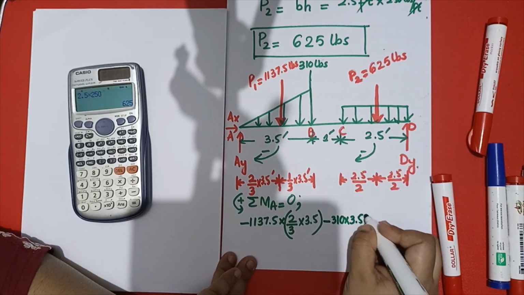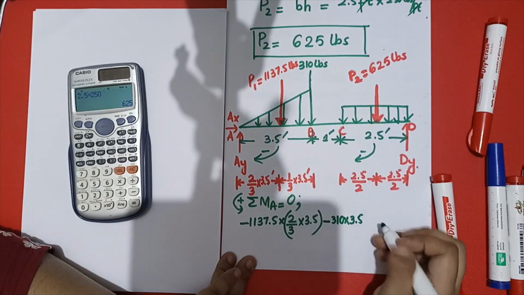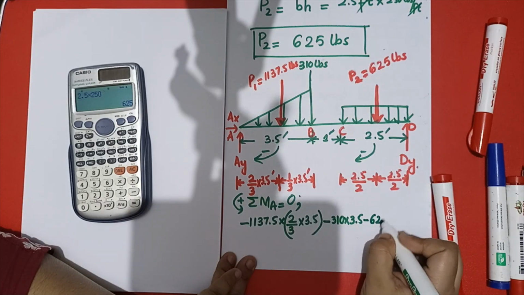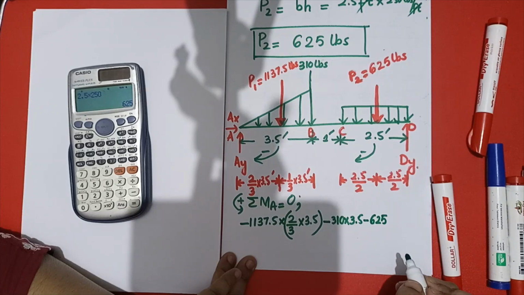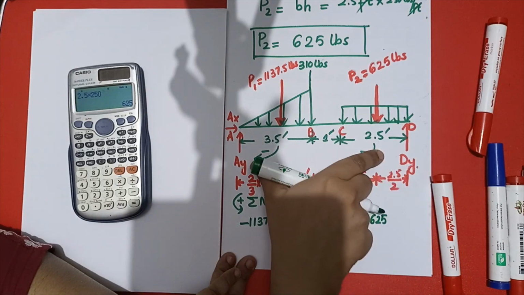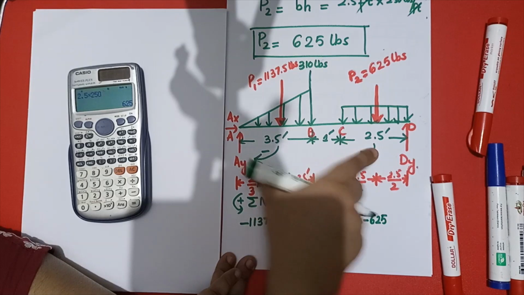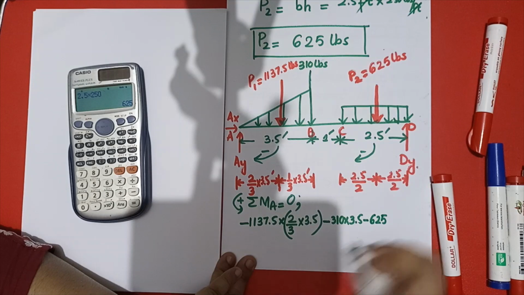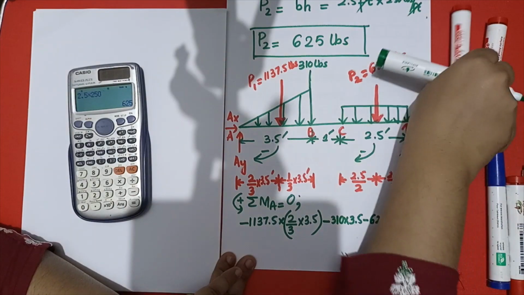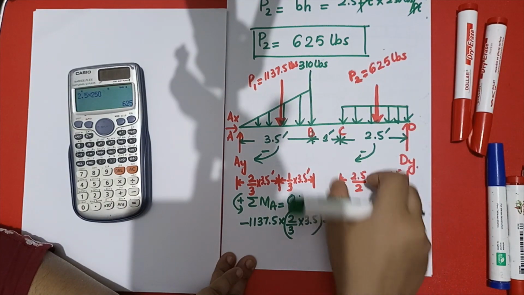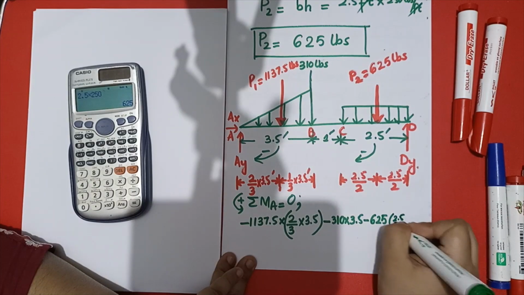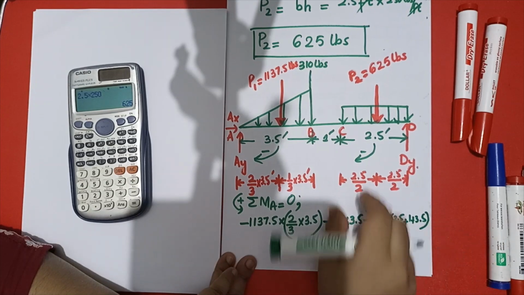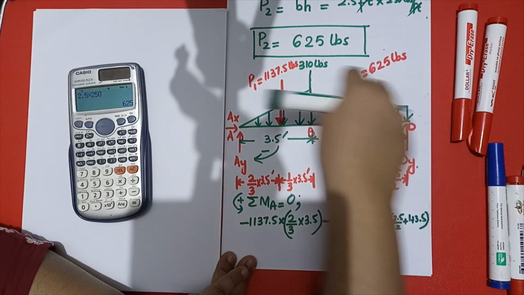And then we have this force, so minus 625, multiplied by its moment arm, which is 2.5 divided by 2 plus 1 foot plus 3.5 feet.